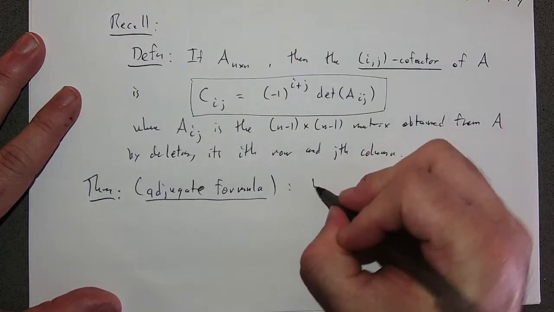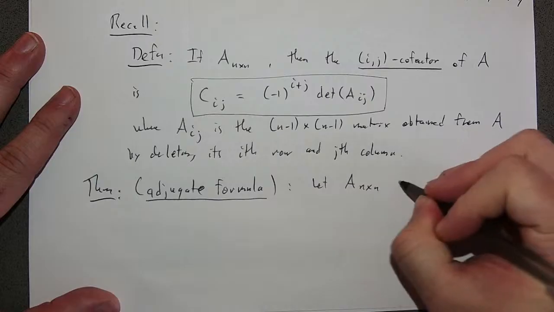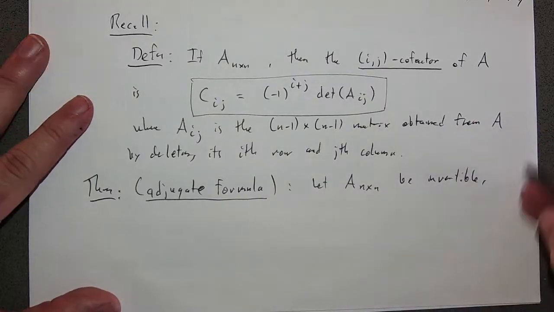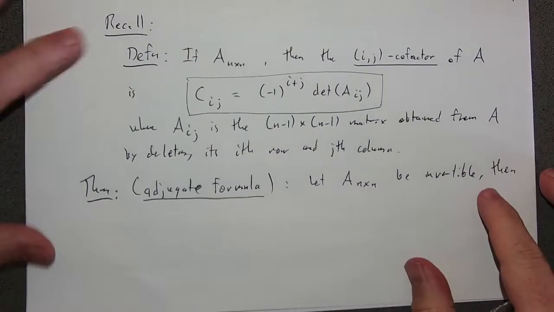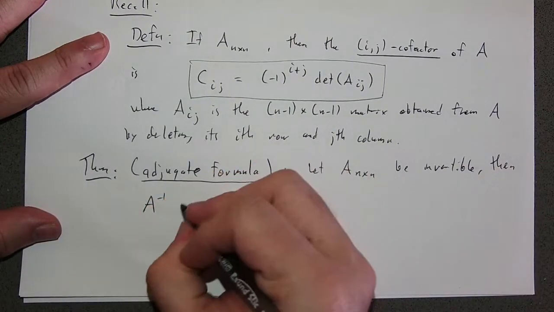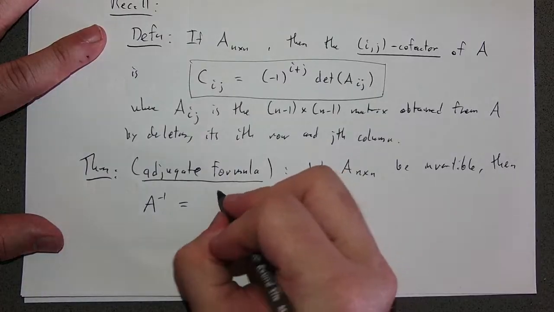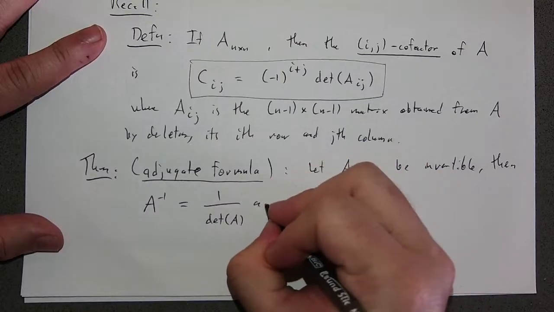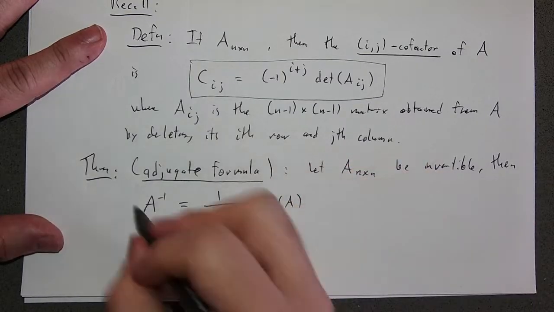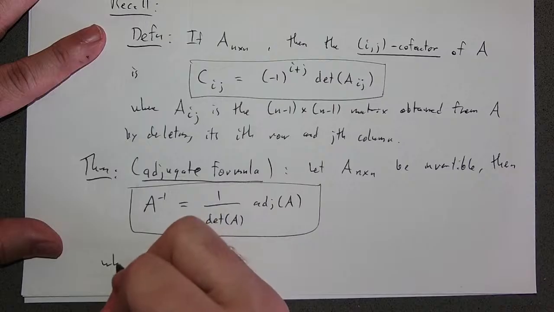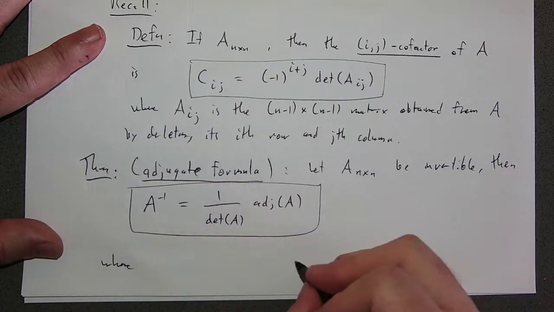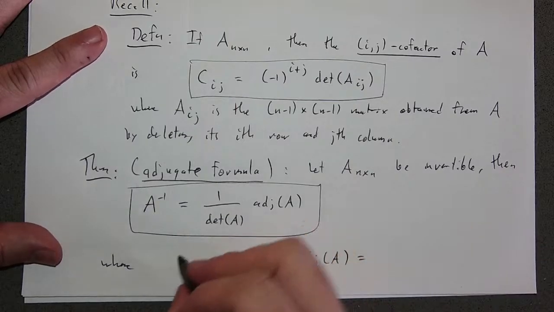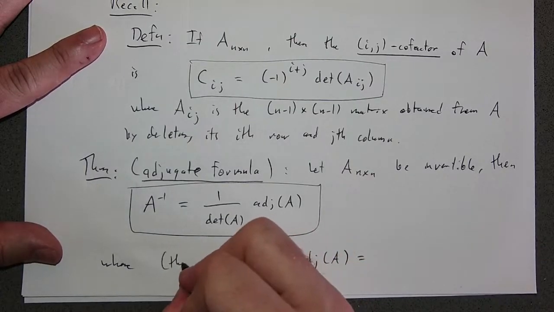Let A, n by n, be invertible. Then there is a formula for A inverse, which is 1 over the determinant of A times the adjugate of A. Maybe I'll write it here since I have more room.